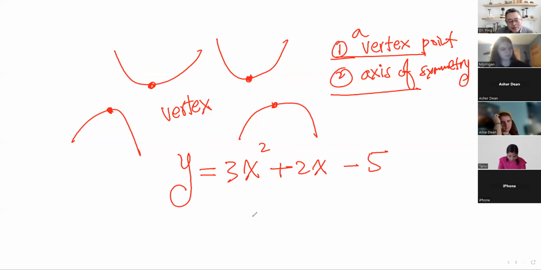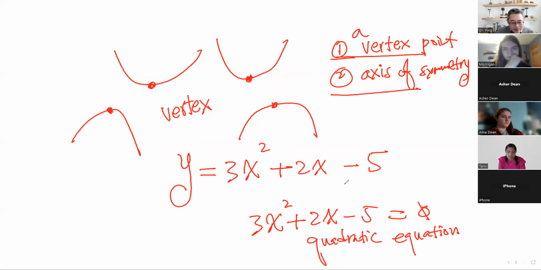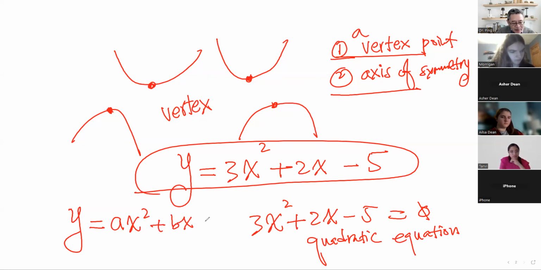We have seen this kind of thing before. If we write it like this, it is our quadratic equation, and we learned how to solve it. So the more general form for the function will be y equals ax squared plus bx plus c.